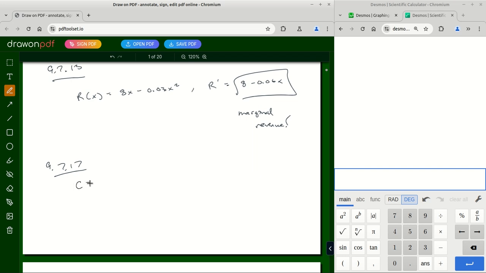So the next one. C stands for cost: 292 plus 0.06x. R stands for revenue: 5x minus 0.06x squared. Where do people get these numbers from? It's because a BUSI person asked a MATH person and they gave them this, and then they went back into the basement again.